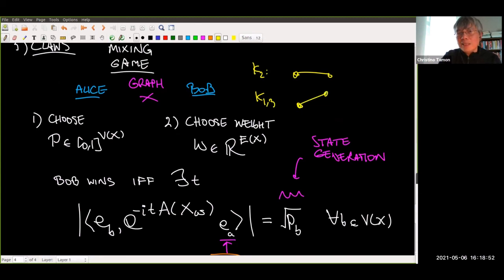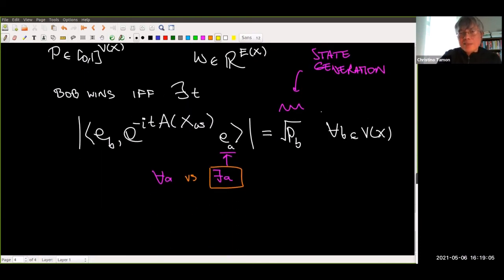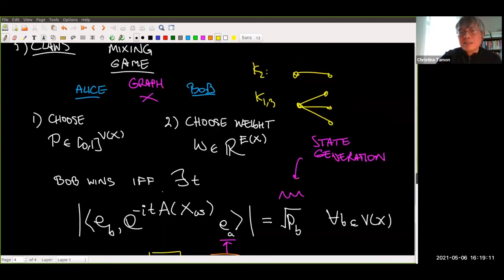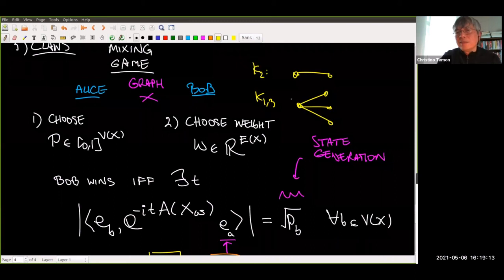So on K3, if we play the game on K3, and Alice happened to choose a uniform distribution, then Bob wins even under this condition. Under any starting point, we can generate a uniform distribution.